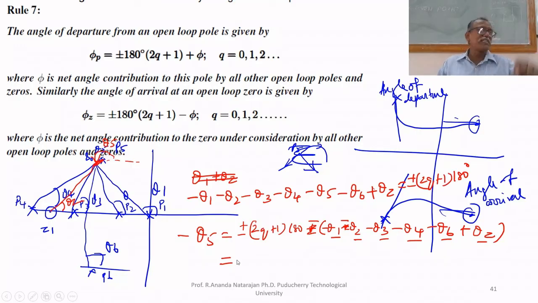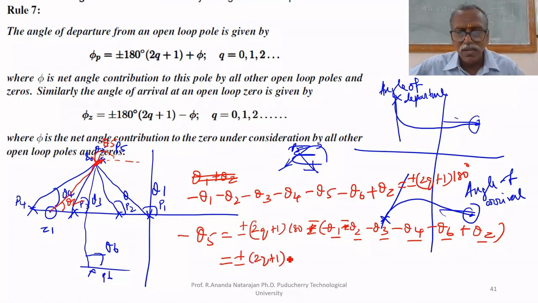What is the angle in question? Angle of departure from P5. Therefore, I am finding the net angle by joining P5 and all other poles and zeros. That is P5 and P1, P5 and P2, P5 and P3, P5 and P4, P5 and P6, P5 and Z1 are connected. We are finding an angle, assuming that it is equal to the line joining S0 and all the poles. So, plus or minus (2q plus 1) multiplied by 180, this minus theta 5 net.